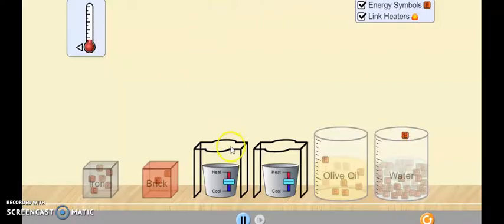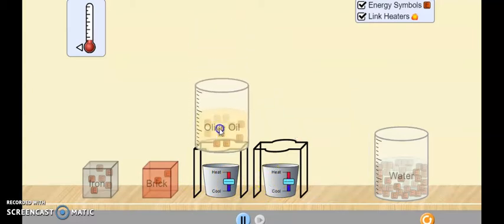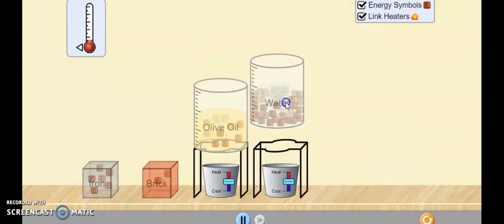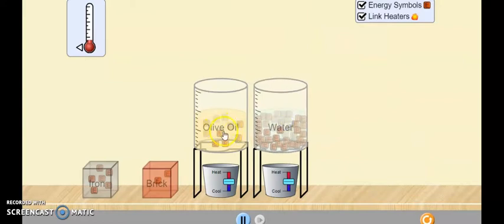Okay, guys, in this experiment we need two heaters and two kinds of matter. We take, as an example, water and olive oil, and two thermometers, to see the meaning of measuring kinetic energy.